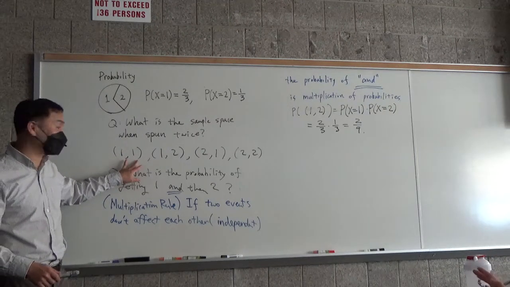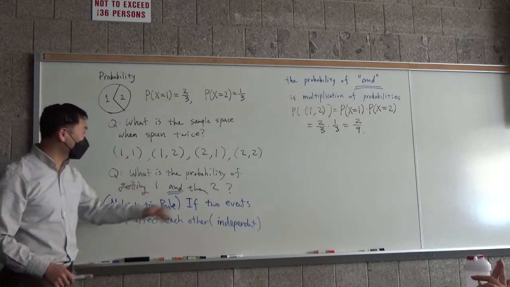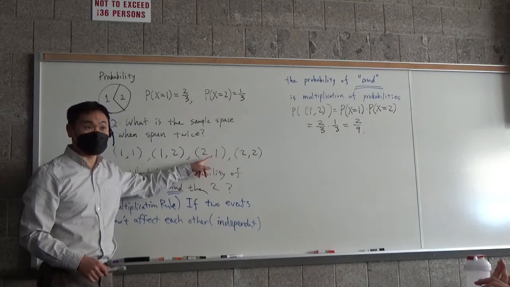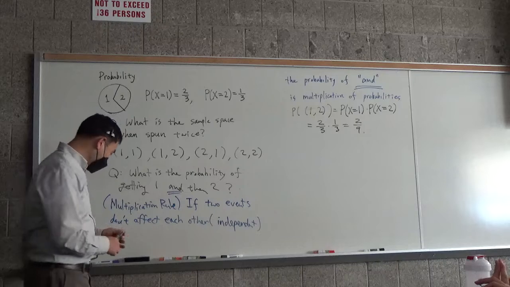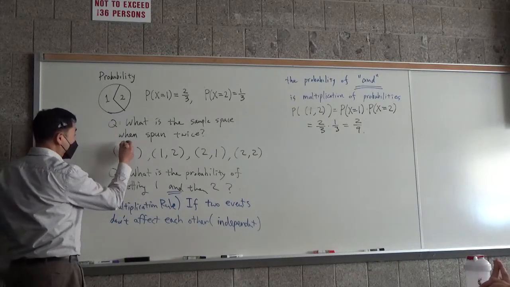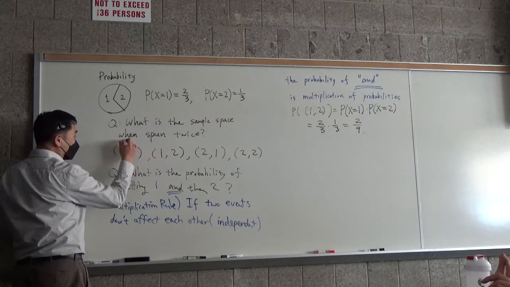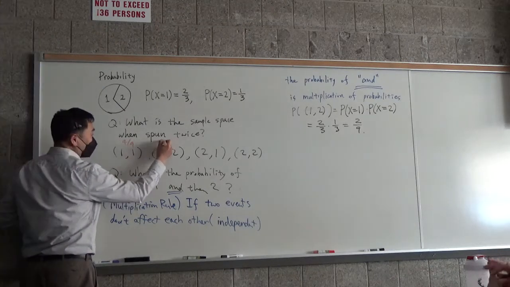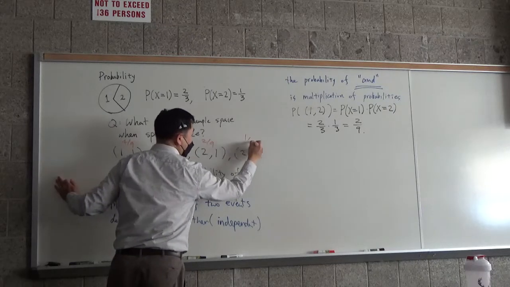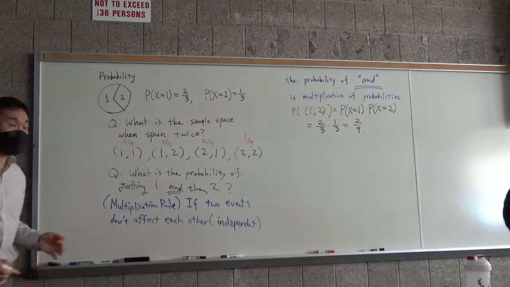It's 2/3 times 2/3, so it's 4/9. And 2, 1 would be 1/3 times 2/3, so there will be 2/9. Okay. And once you figure that out, this is 4 9ths, 2 9ths, 2 9ths, and 1 9th.